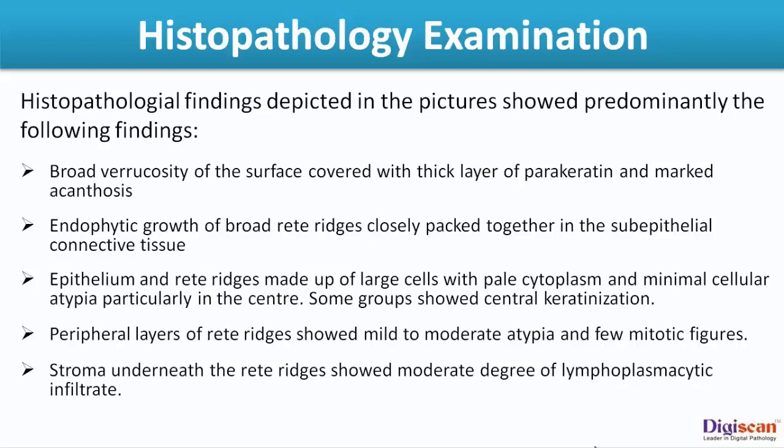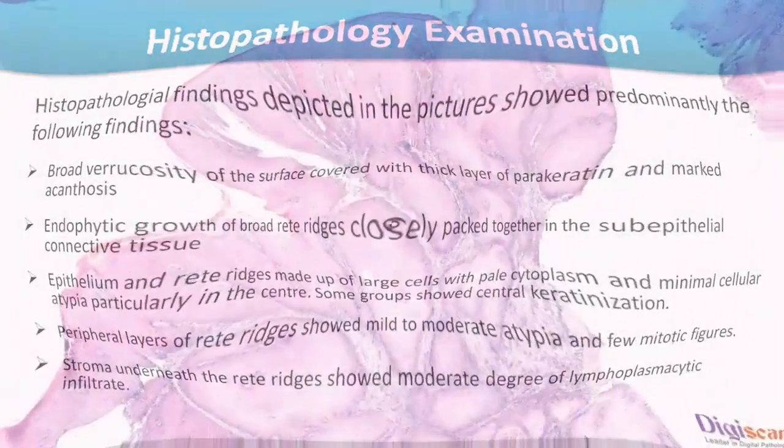Epithelium and rete ridges made up of large cells with pale cytoplasm and minimal cellular atypia, particularly in the center. Some of the rete ridges showed central keratinization. Peripheral layers of the rete ridges showed mild to moderate atypia with few mitotic figures. Stroma underneath the rete ridges showed a moderate degree of lymphoplasmacytic infiltration.